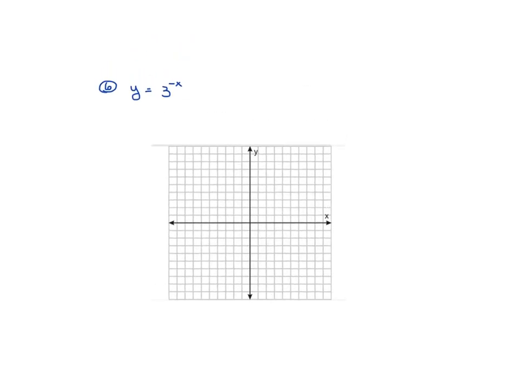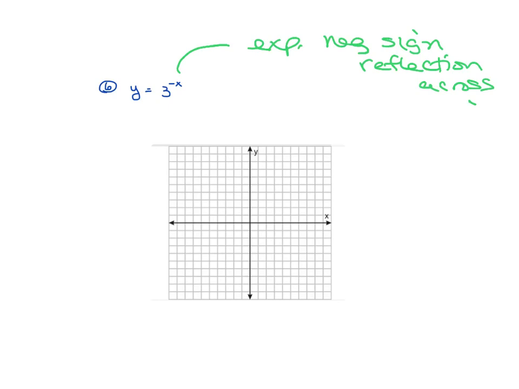Okay. So if the exponent has the negative sign, then our graph should look like it's been reflected across y. For this one, I'm just going to plug the given equation into my table.